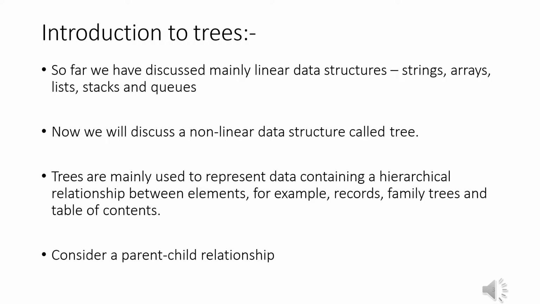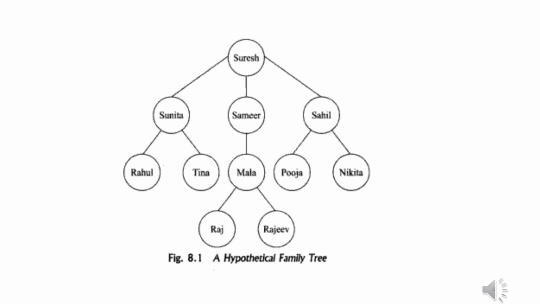Trees are mainly used to represent data containing a hierarchical relationship between the elements. For example, records, family trees and the table of contents. Here we will consider a parent-child relationship. This is our normal hypothetical family tree.